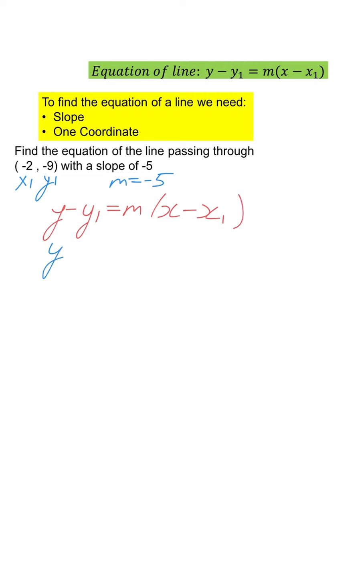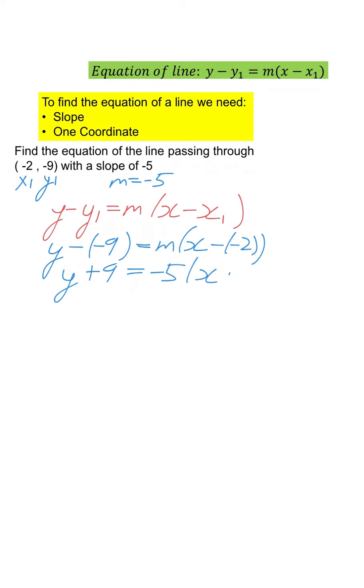So y minus now minus 9. Okay, be careful with that. Equals then m times x minus minus 2. Now remember, a minus times a minus gets us a plus. So you can see that's why I put in those brackets to show you that it's a minus times a minus. Equals then our m then is minus 5, (x plus 2).